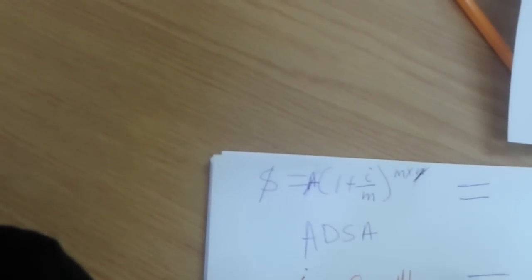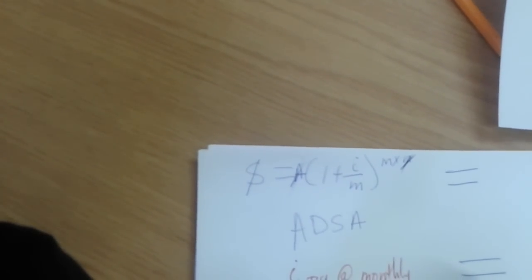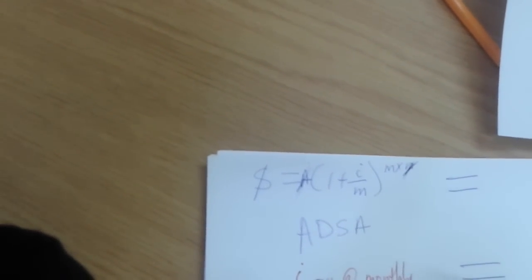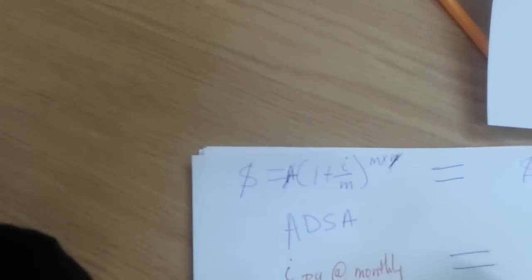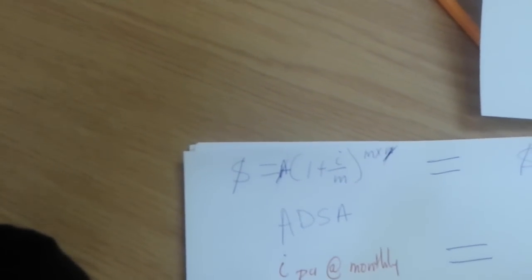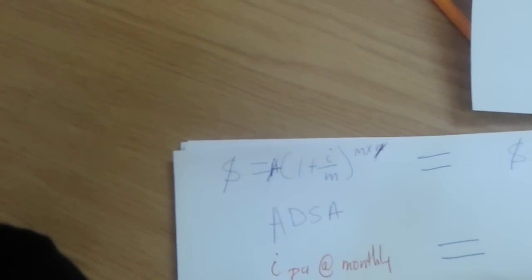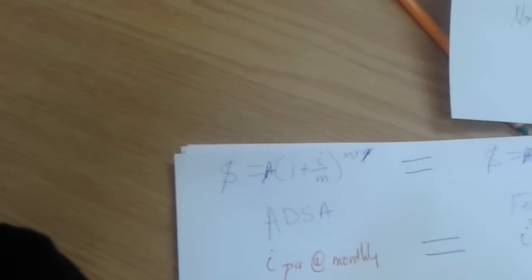So what this means now is 1 plus I over, let's say 12, because it's obviously compounded monthly, to the power of 12 should be equal to 1 plus I. Now, how is this possible?